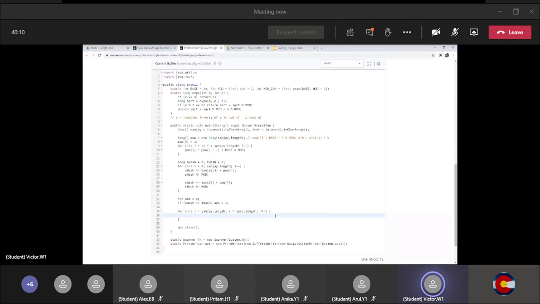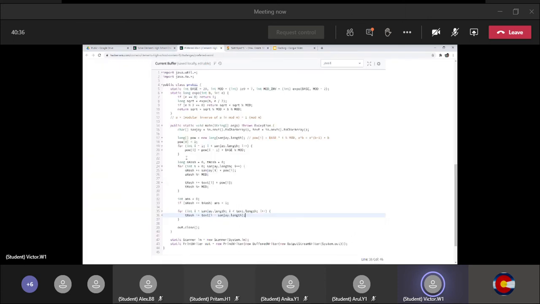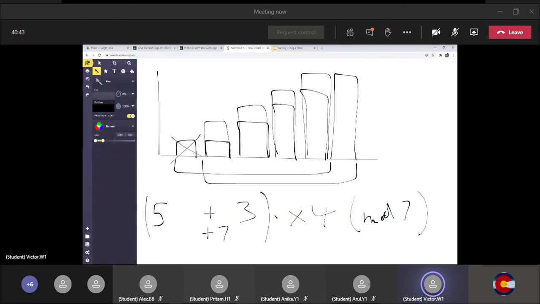So we take t hash and subtract away text of i minus Sanjay.length, because if i is the index of the thing we're adding on, then i minus Sanjay.length is the thing we're knocking off. And the place value is power of 0. It's just going to be 1, but I'll make it more explicit. So yeah, we're knocking off that.